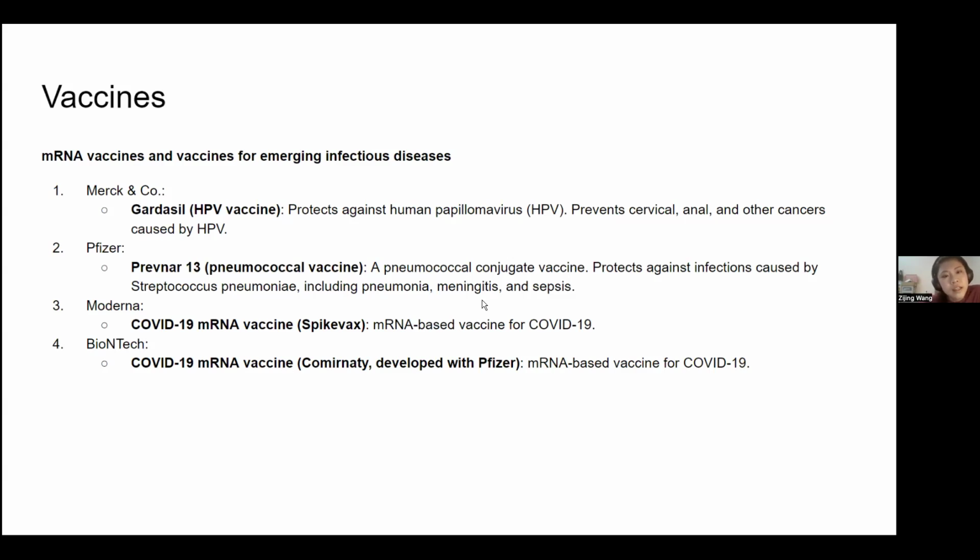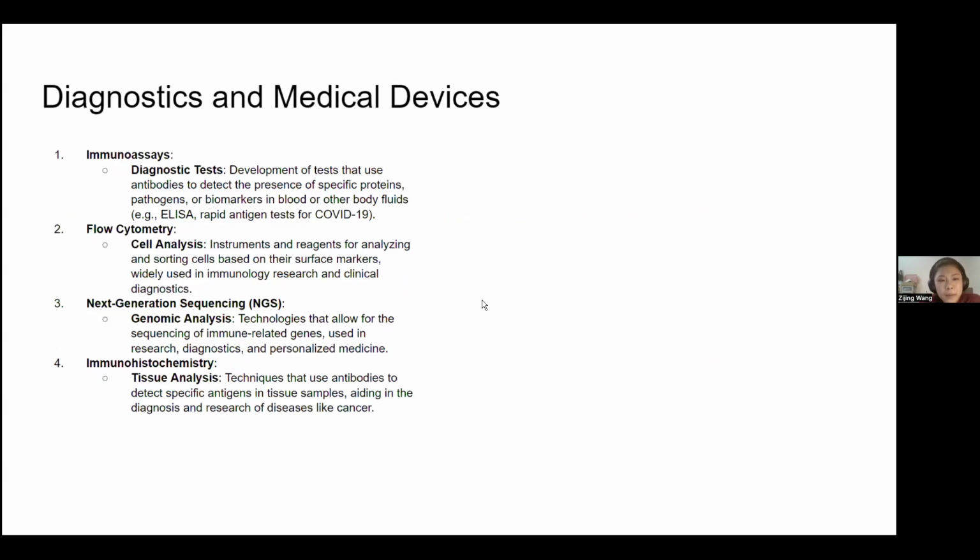And then, here are other uses for designing antibodies or utilizing immunology to facilitate our research. For example, antibodies can help with immune assays and flow cytometry that can label different cells or biomarkers.